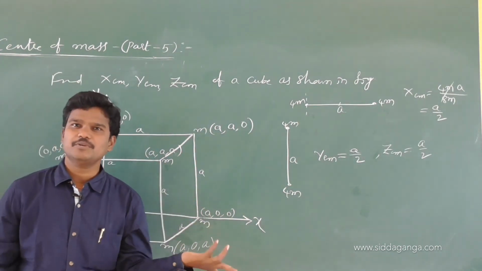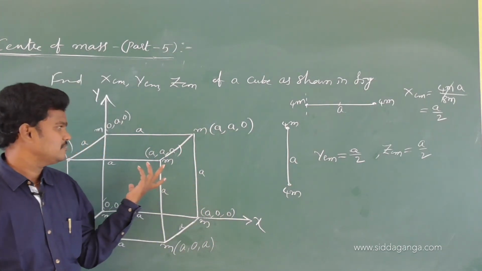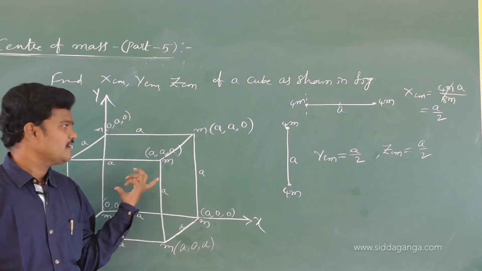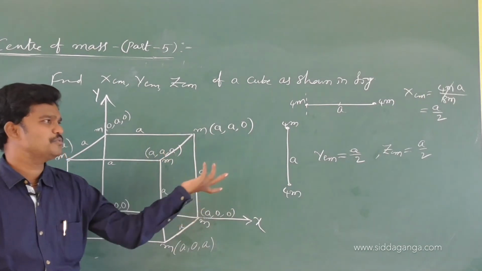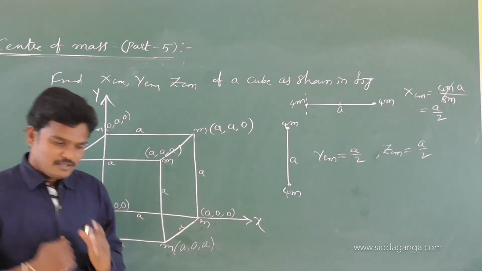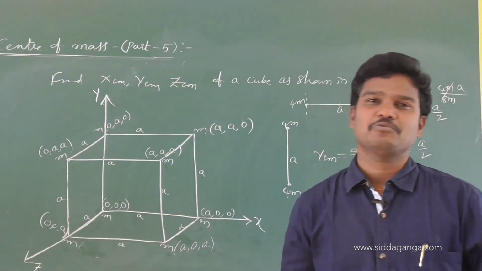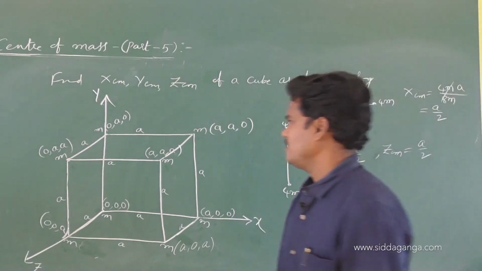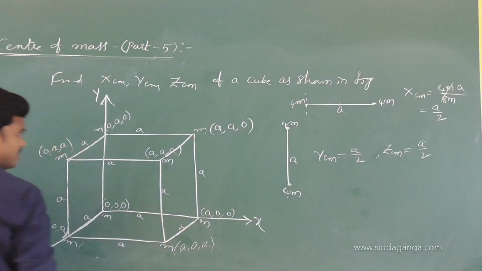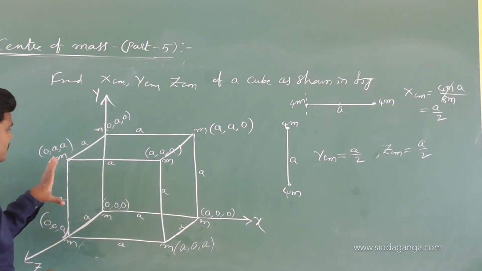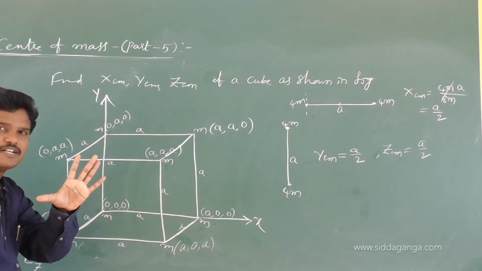A by 2, because it is a uniform body and all masses are identical. So A by 2. First, suppose if the masses change, then you have to find it. Means you take this one. Let me take all front side masses, make them double or triple.